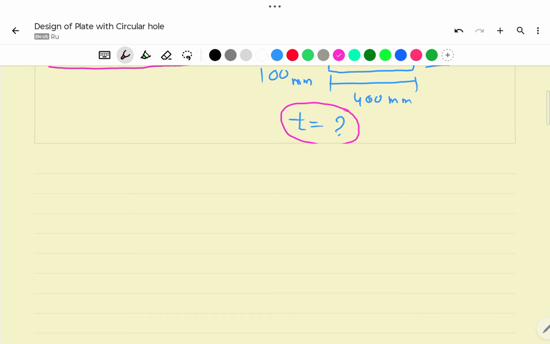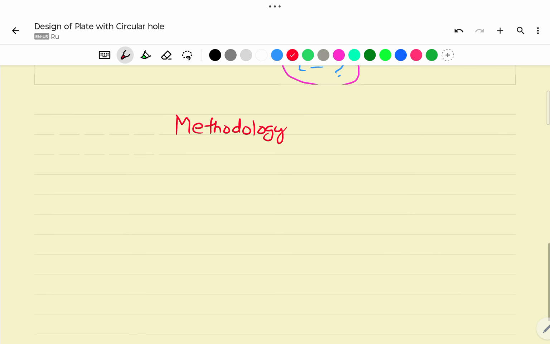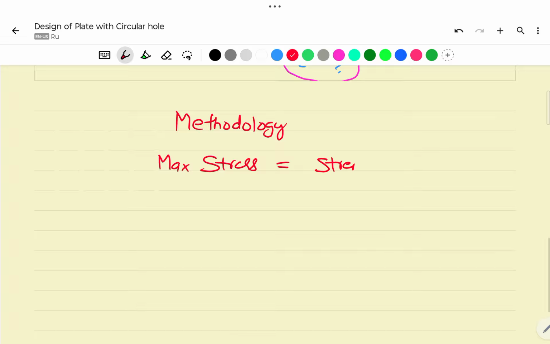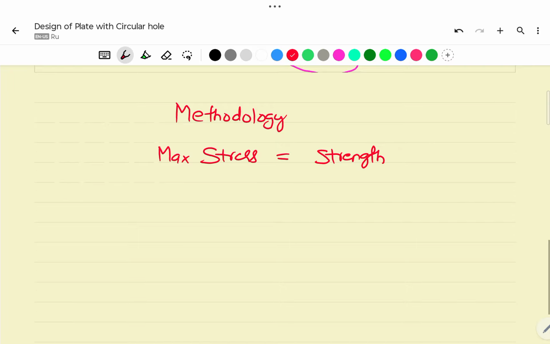So what is the methodology we will use? Maximum stress is equal to the strength. Here strength is known. We need to calculate the stress. What is the stress?